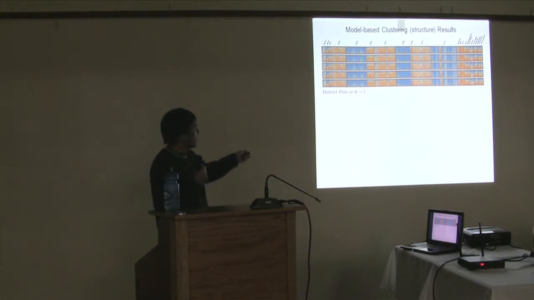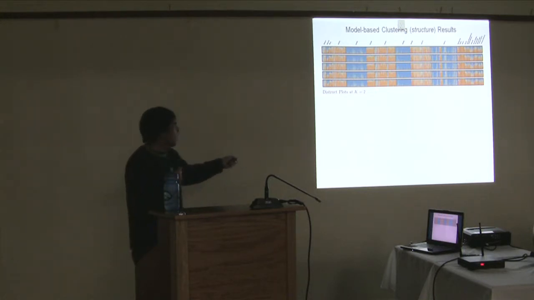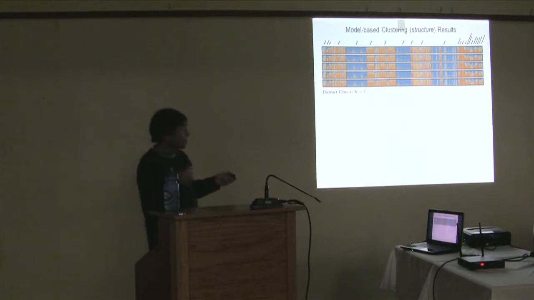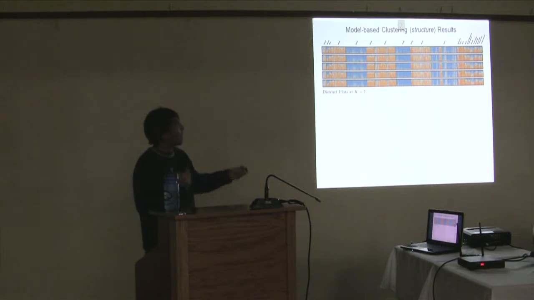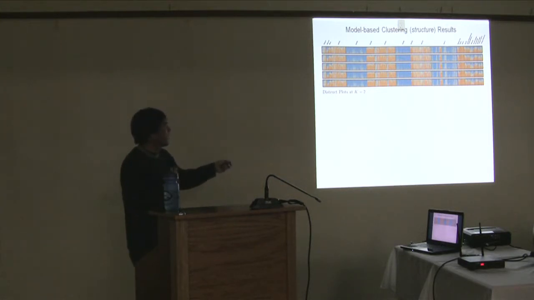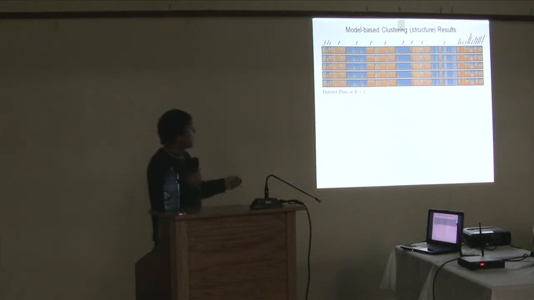K is shorthand for a population, and you allow individuals to be assigned fractionally to these different populations. They're really not populations; they're clusters, but they often are coincident with population boundaries.